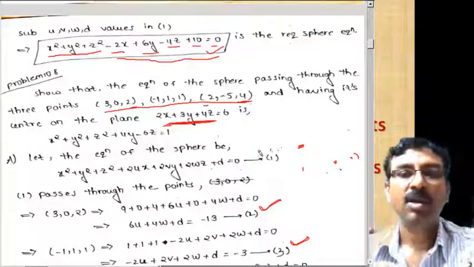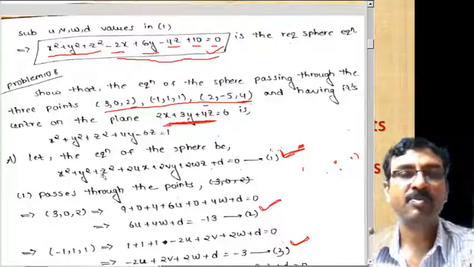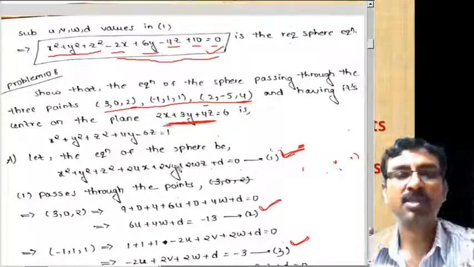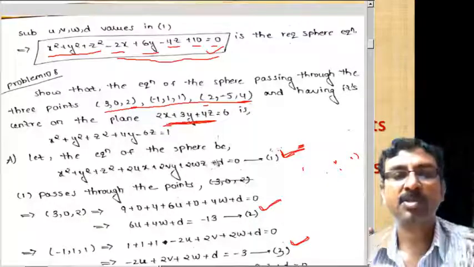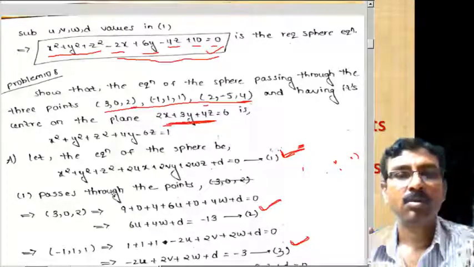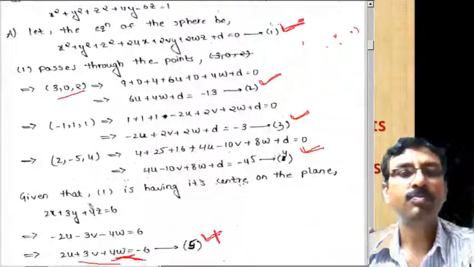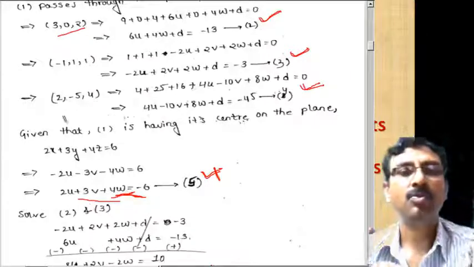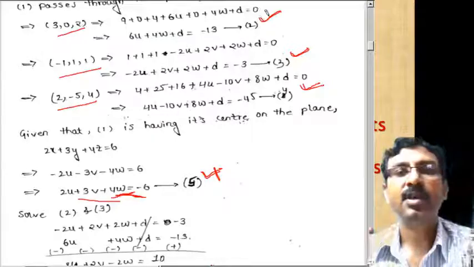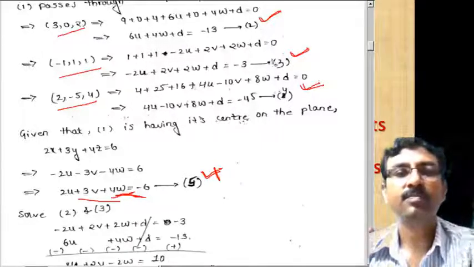As usual, taking the equation of the sphere in general form, x square plus y square plus z square plus 2ux plus 2vy plus 2wz plus d equal to 0. So substituting these 3 points, 3 0 2, minus 1 1 1, 2 minus 5 4, we get the second equation, third equation and fourth equation.